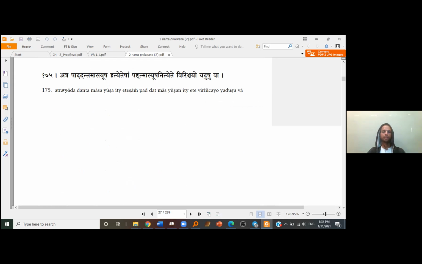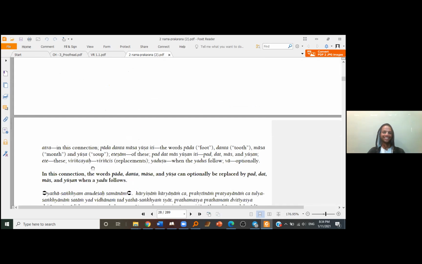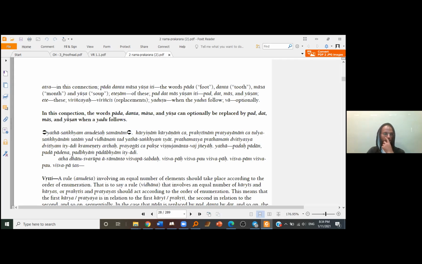So 4 words he's taking: pada, feet; danta, teeth; mas means month; and yusha means soup. I don't know which soup, tomato soup or which one, but it's soup. So in this connection, the words pada, danta, mas, and yusha, they optionally be replaced by pad, dat, mas, and yushan when a yadu follows.